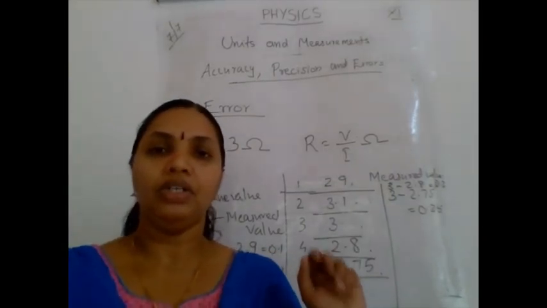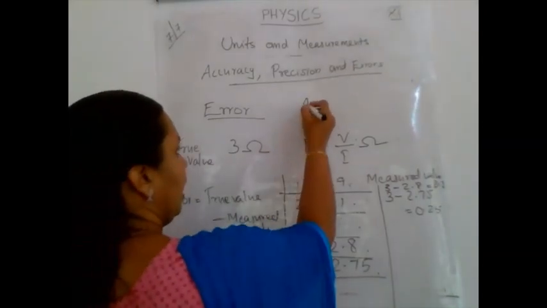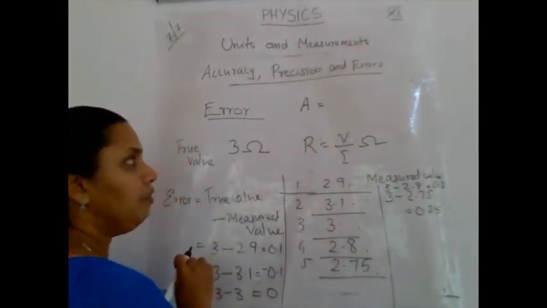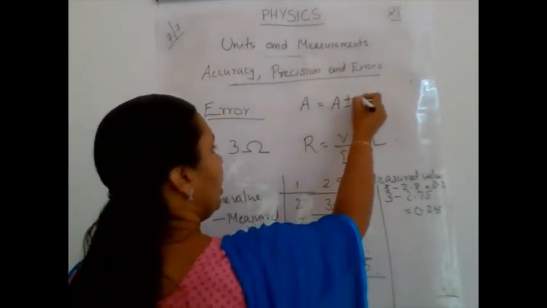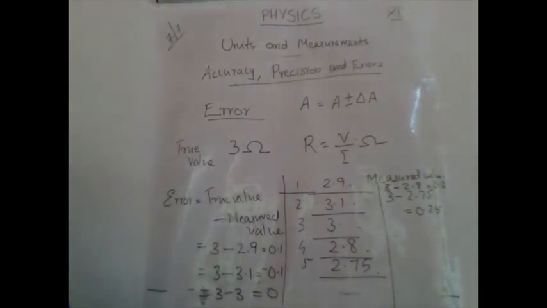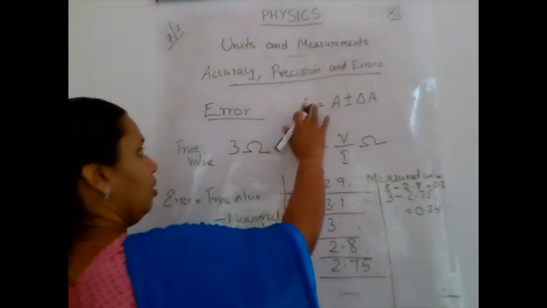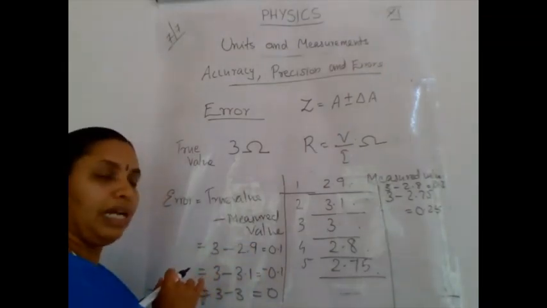So a physical quantity, A is the physical quantity, we can represent it as A plus or minus delta A. A physical quantity, we can write it as Z. Z is equal to A plus or minus delta A. What is this?